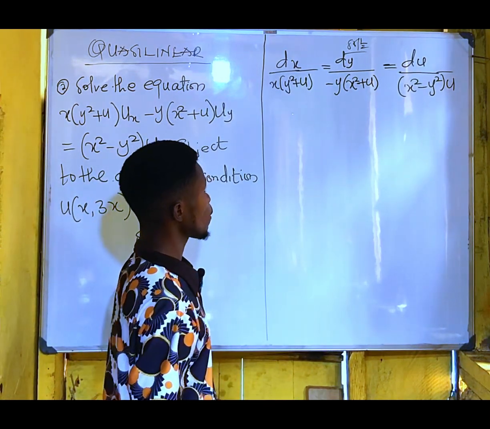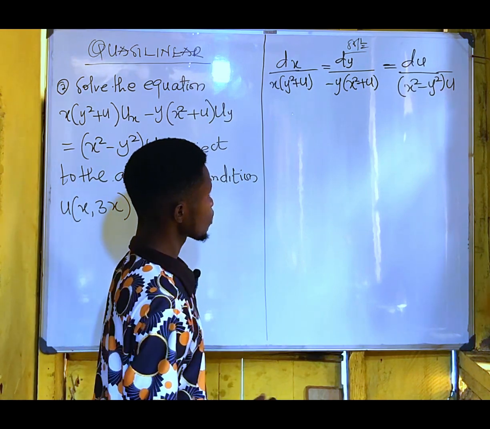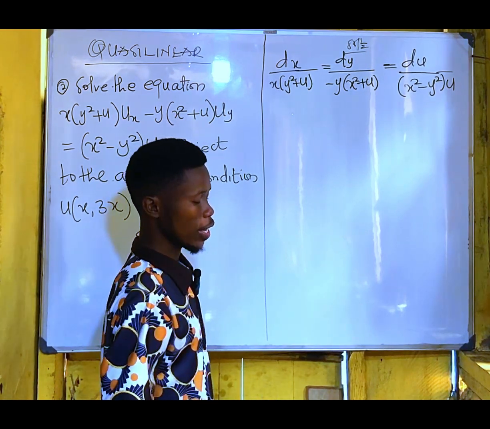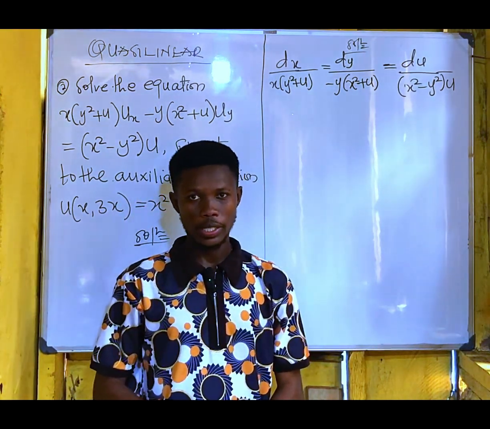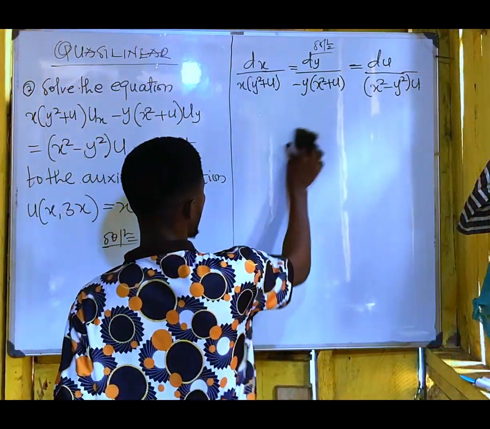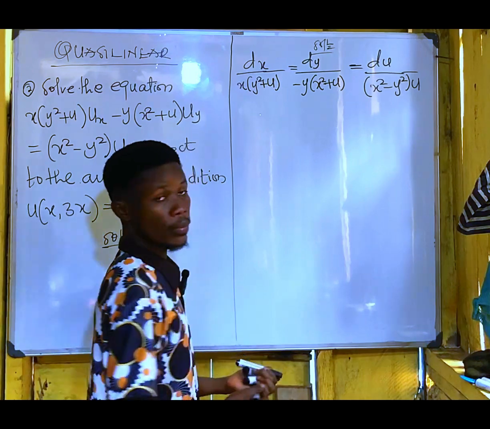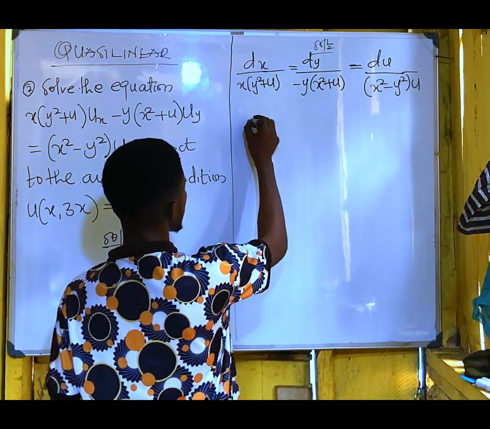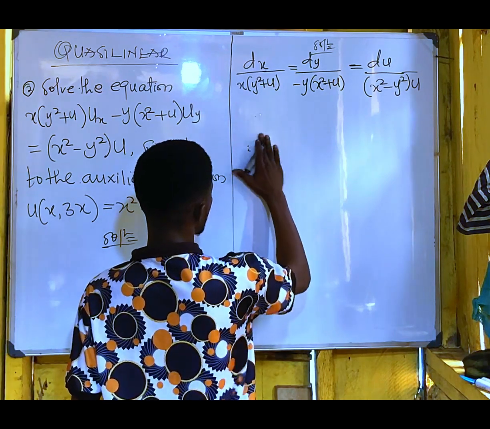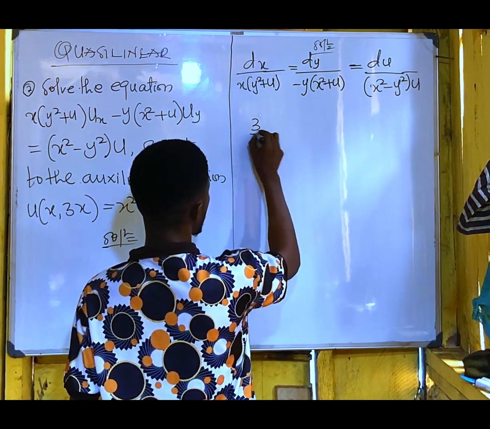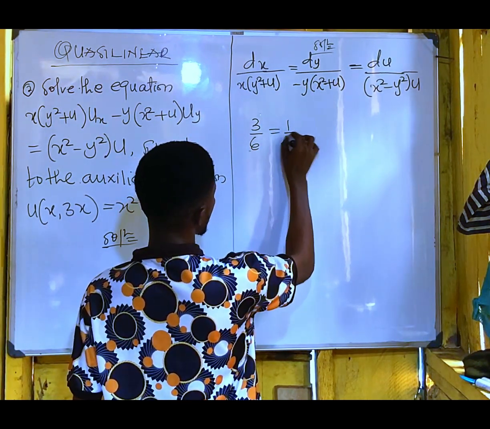So here there are a lot of things that we are going to apply, a lot, so you should take note of that. So you remember this 3 over 6. I did this in illustration to you. Why? This is half.